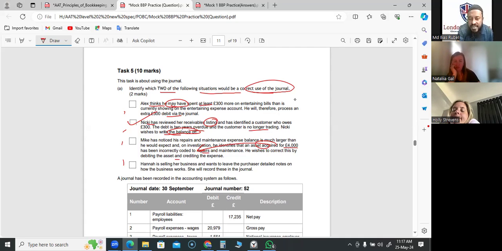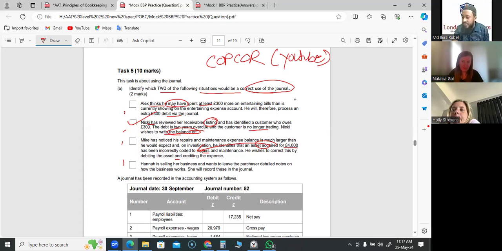Have you ever heard of COP CAR regarding journal? Never? Search YouTube today, you will find something interesting. COP CAR, or some teachers teach ROB COP CAR. COP CAR is a set of errors which you do journal on, but they don't affect your trial balance. They don't create any suspense, but still these are errors and you might correct them.